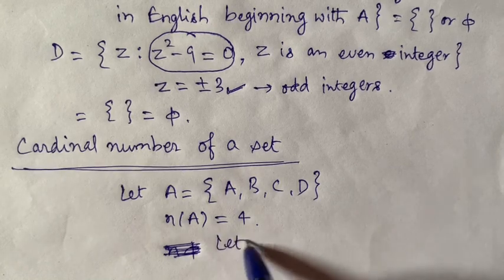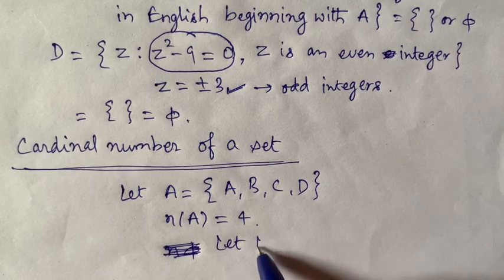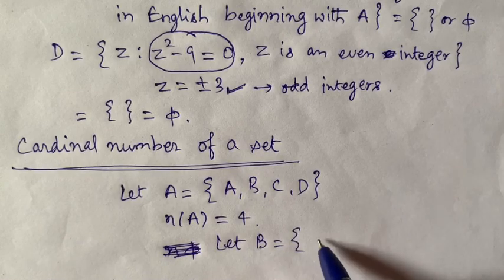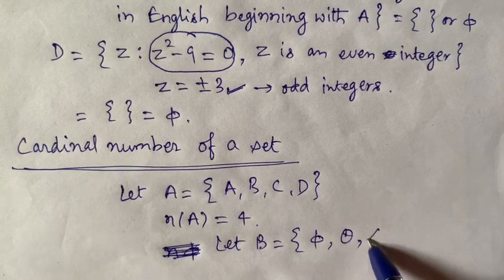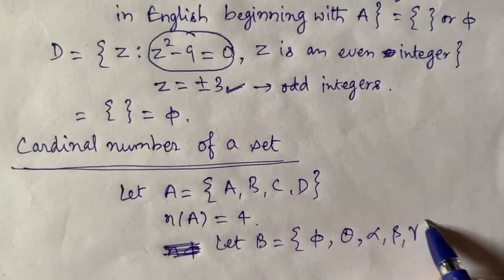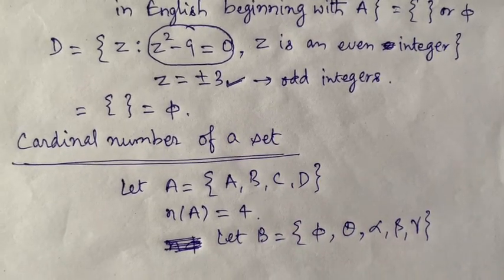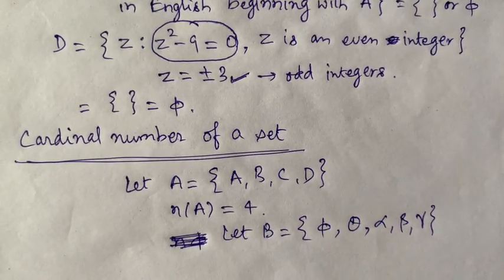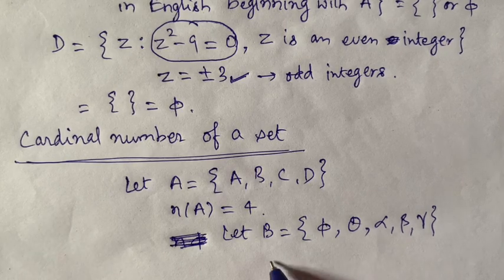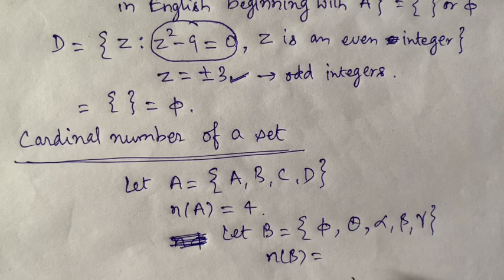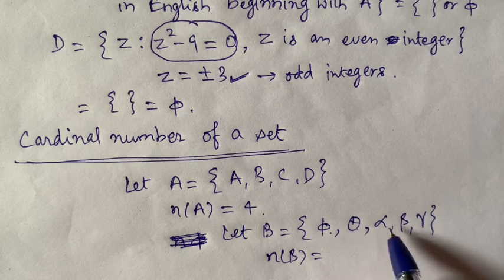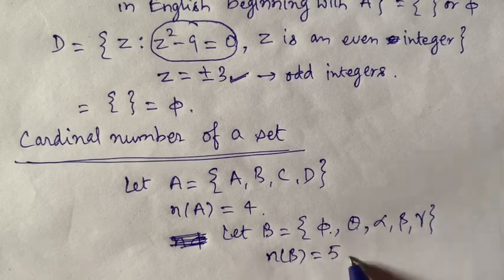Let us suppose we have a set B in which we have phi, theta, alpha, beta, gamma. These are also considered as elements of the set B, and in this case the cardinal number for the set B will be 1, 2, 3, 4, 5, so it is 5.